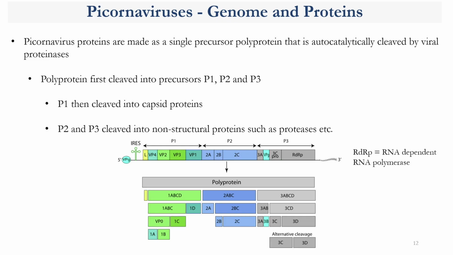First, you cleave it into precursor proteins, P1, P2, and P3. P1 then gets cleaved into capsid proteins, and from there on, P2 and P3 get cleaved into non-structural proteins, such as proteases, okay? One thing you'll notice here is the RdRp, which is the RNA-dependent RNA polymerase.